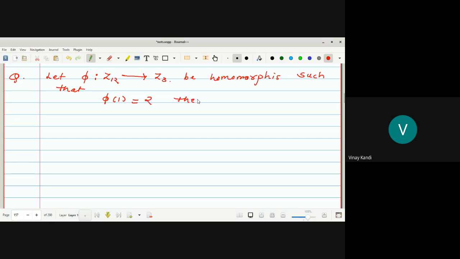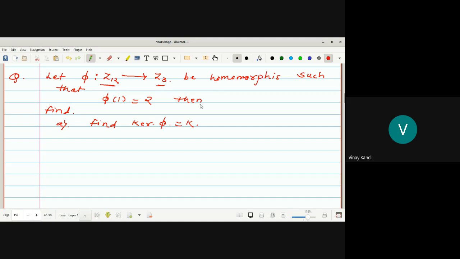Then find first the kernel of phi. Suppose this one is K. What is kernel phi? The collection of those elements belonging to the domain which map to the 0 element of the codomain. Is it correct?